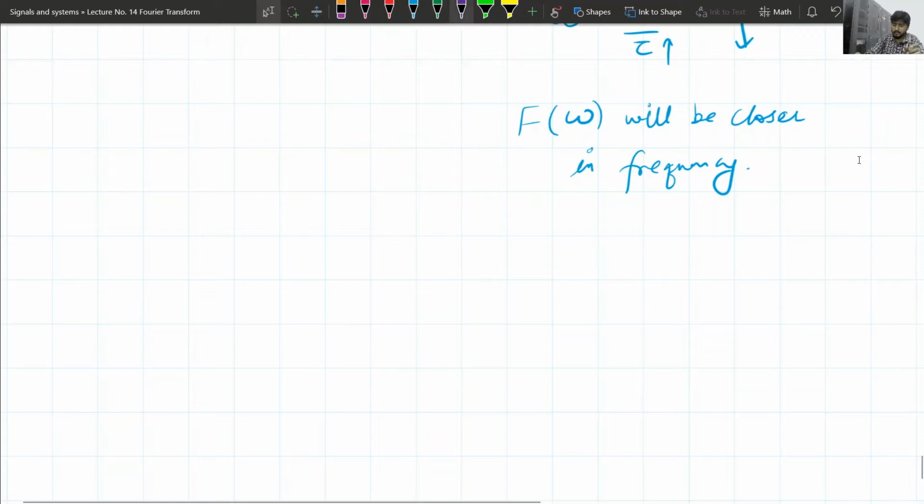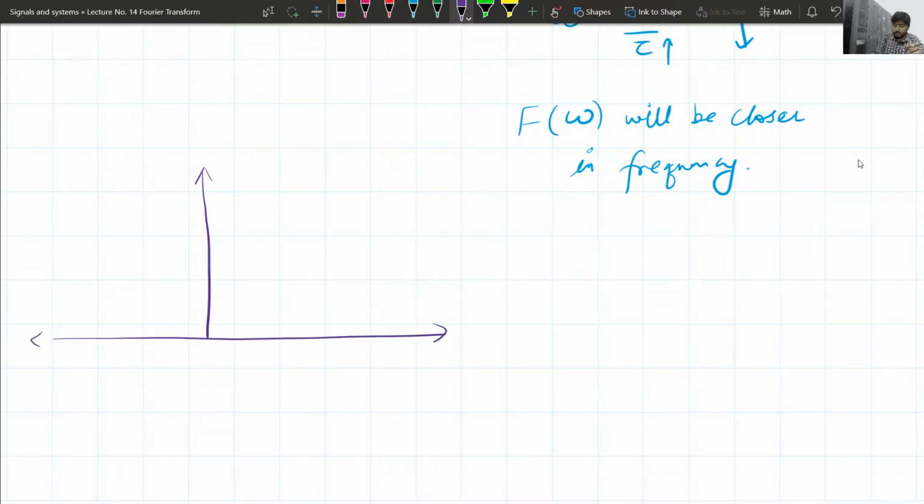We can once again, if you try to plot it, in the time domain, we have a much wider rectangular function, minus tau dash by 2 to plus tau dash by 2.